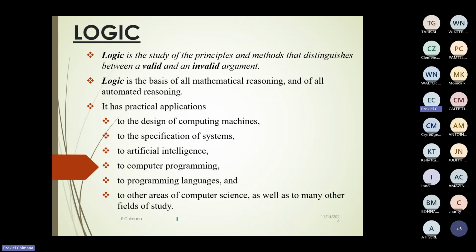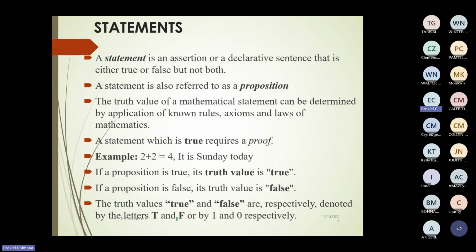It has practical implications, or applications, to the design of computing machines, to the specification of systems, to artificial intelligence, to computer programming, to programming languages, and to other areas of computer science, as well as to many other fields of study. I'm sure you can always test if this one is true, then do this one. It's always logic.